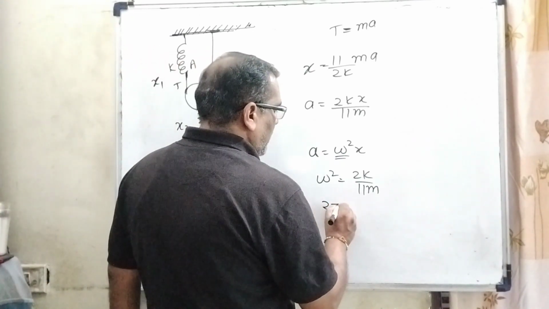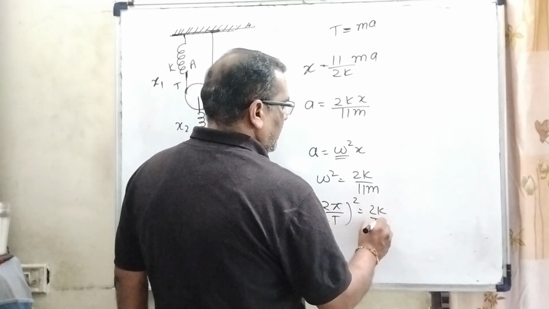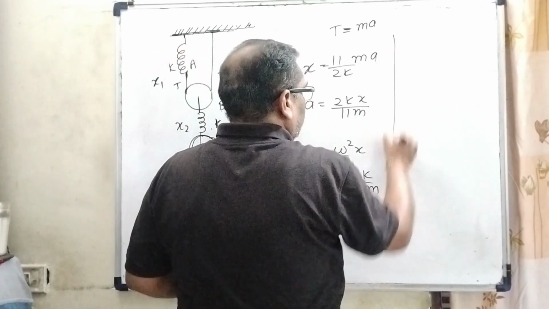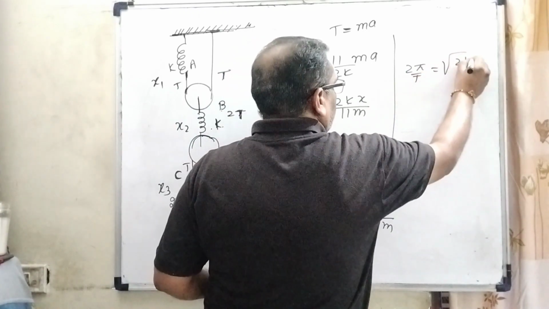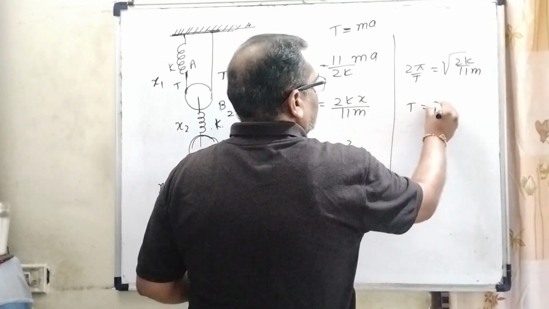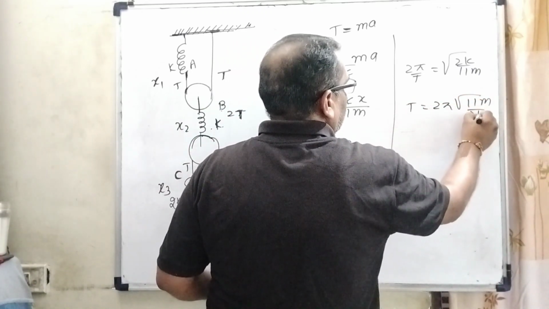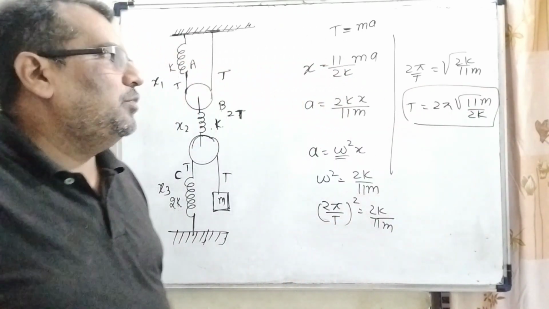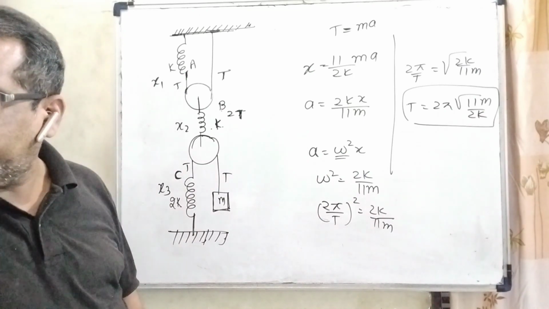Omega is 2 pi by T. So 2 pi by T equals root 2k by 11m. Then T can be written as 2 pi root 11m by 2k. So this is the time period, T equals 2 pi root 11m by 2k.